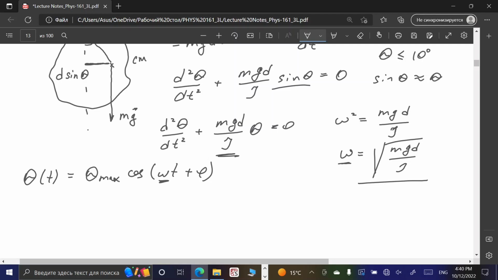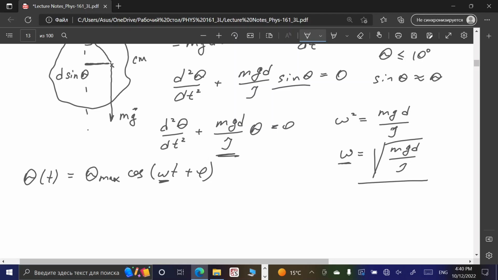So here we see that angular frequency already is a function of the physical pendulum. And here we need to take into account also the distance from the axis of rotation about which this oscillation is happening and the center of mass for this physical pendulum.